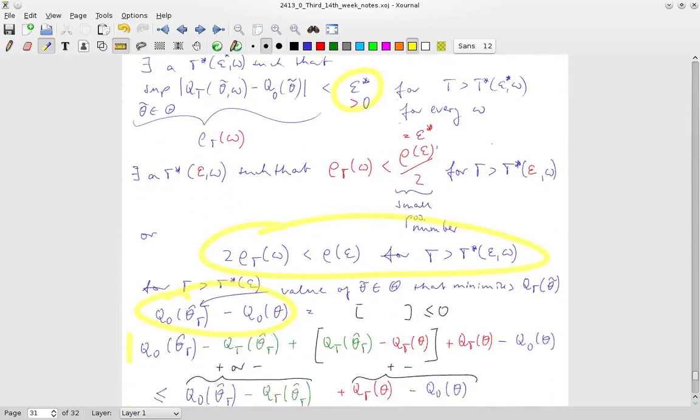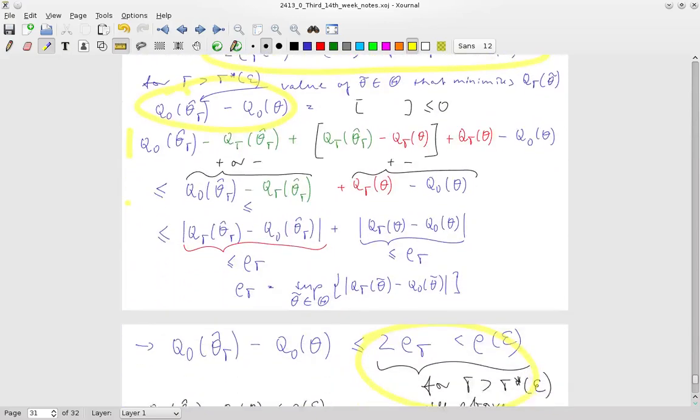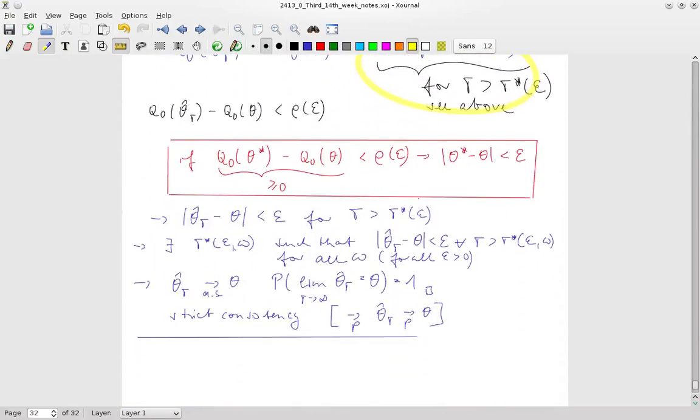And I think I'm going to record another video which explains briefly how we can argue that in the GMM context, this convergence of the Qt function to the limit function actually happens, and what is required for this convergence to take place.